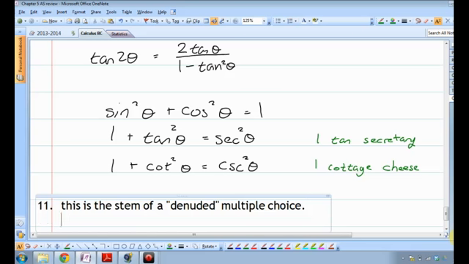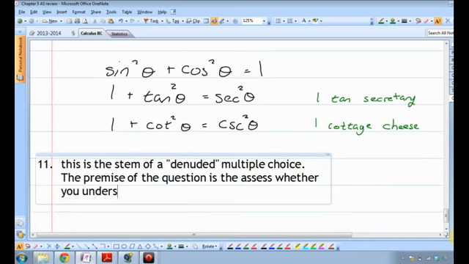Okay, so the premise of the question is to assess whether you understand the rules for simplifying integrals. Okay.